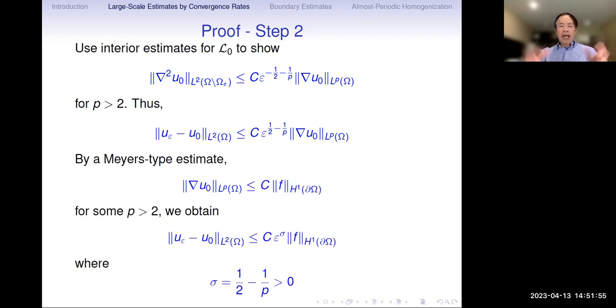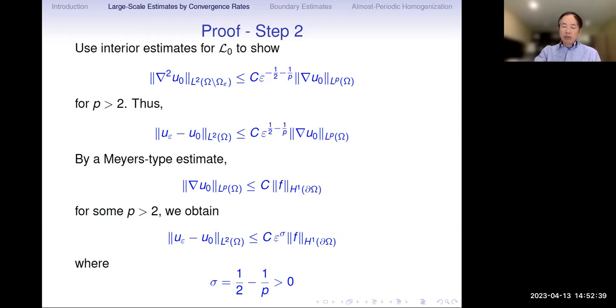And then you can use a Neumann Meyer type estimate to bound the L^p norm of the gradient on the domain omega by its H1 data on the boundary, and then finally, when you combine, you have this estimate. Well, sigma is given by 1/2 minus 1 over p, but since p is greater than 2, we know this power is positive, and so that's enough.